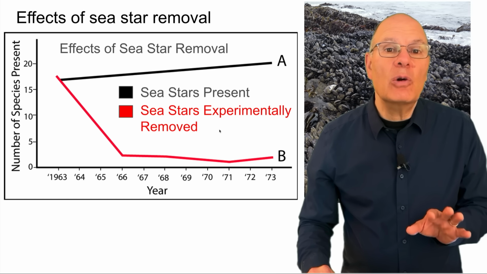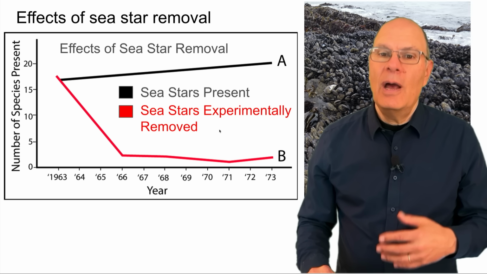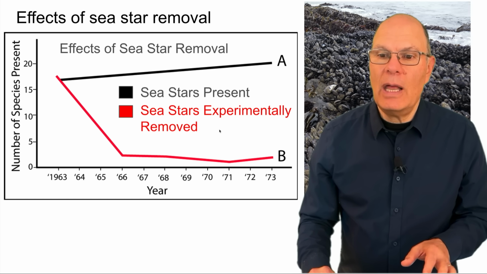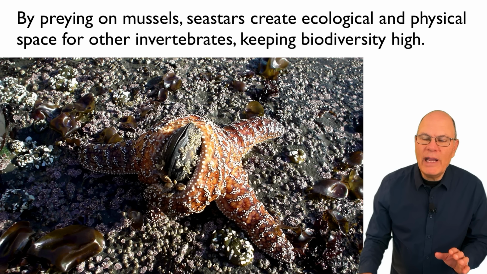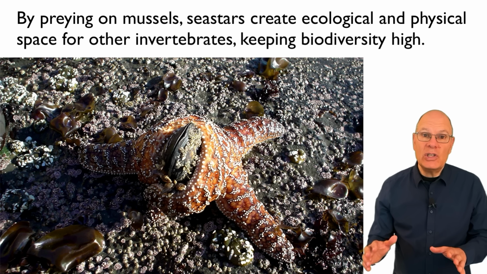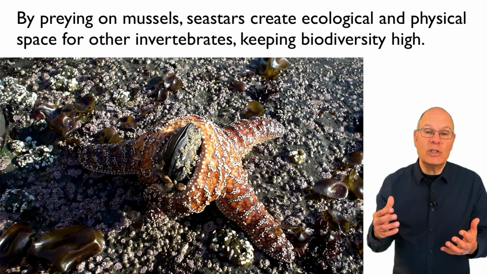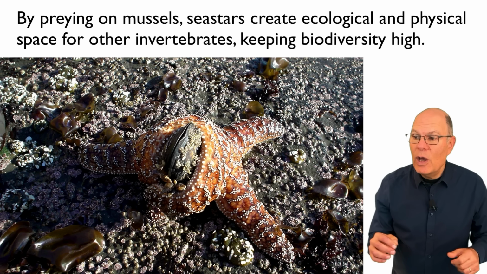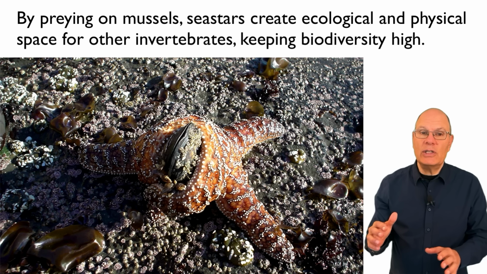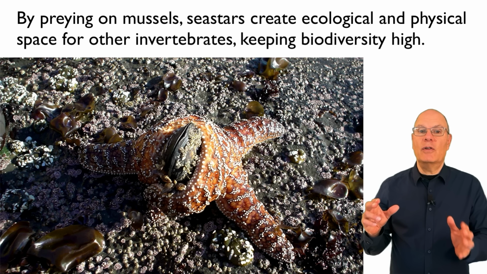When sea stars are removed from the intertidal zone, biodiversity can plummet. That's because by preying on the mussels, sea stars create ecological space, physical space, for other invertebrates to live in this community, and that keeps biodiversity high.